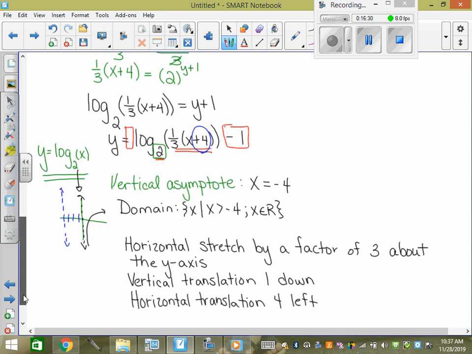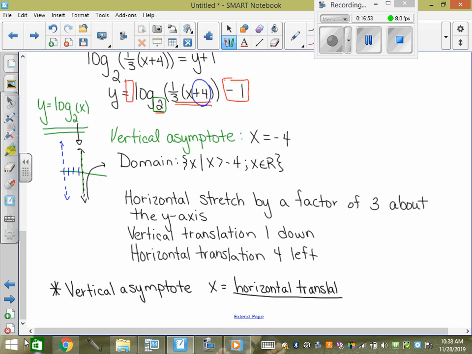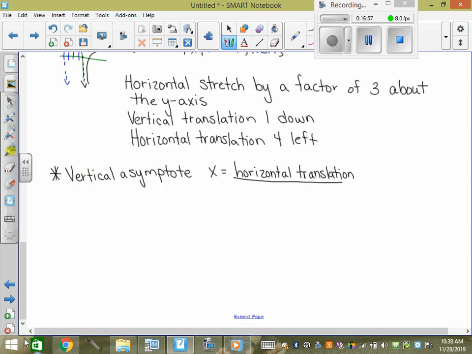So we could write a little note to ourselves. We could say that the vertical asymptote for logs is always x equals the horizontal translation. Correct? The vertical asymptote is always x equals the horizontal translation.